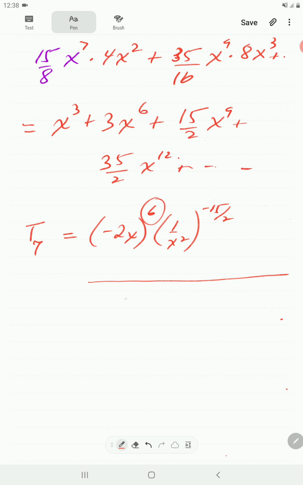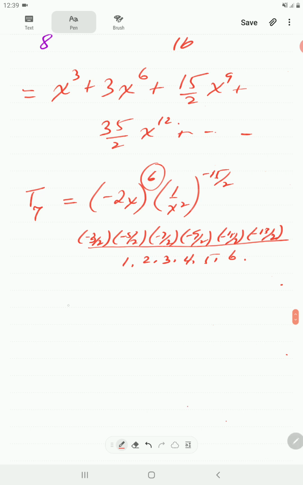So we've got 6 factorial, 1, 2 times 3 times 4 times 5 times 6. And then in the numerator, we're going to have 6 terms as well. So 1, 2, 3, 4, 5, and 6. Okay.